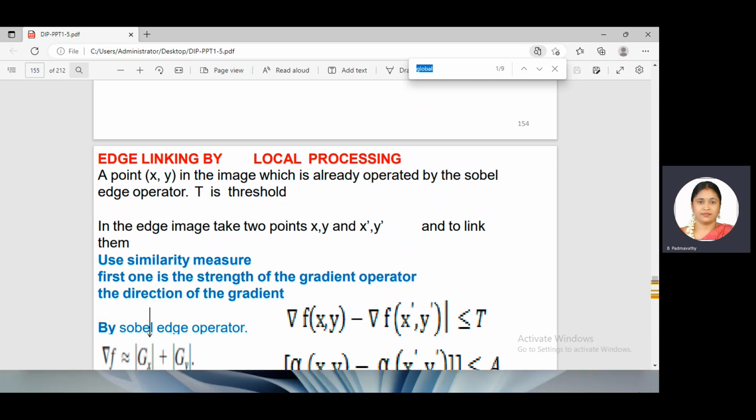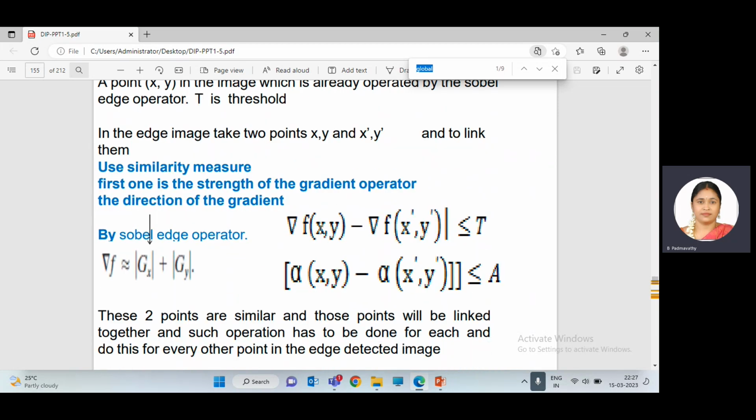In edge linking, you can take an image with two different points x comma y and x dash comma y dash. In order to link them, you can calculate the similarity measure.